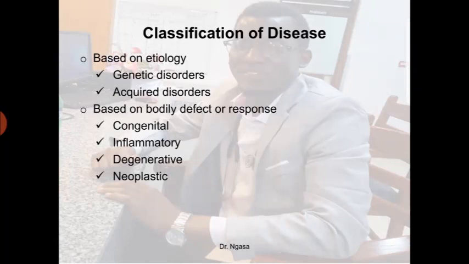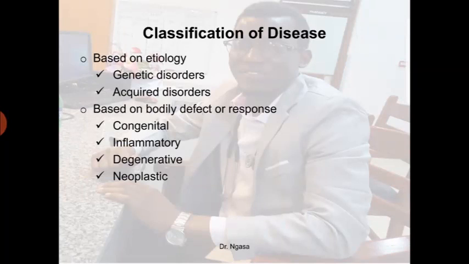For example, under etiology we have two classifications: genetic disorders, or simply inherited ones, whereby one can develop a disease due to the presence of a certain gene or mutation within his or her body.